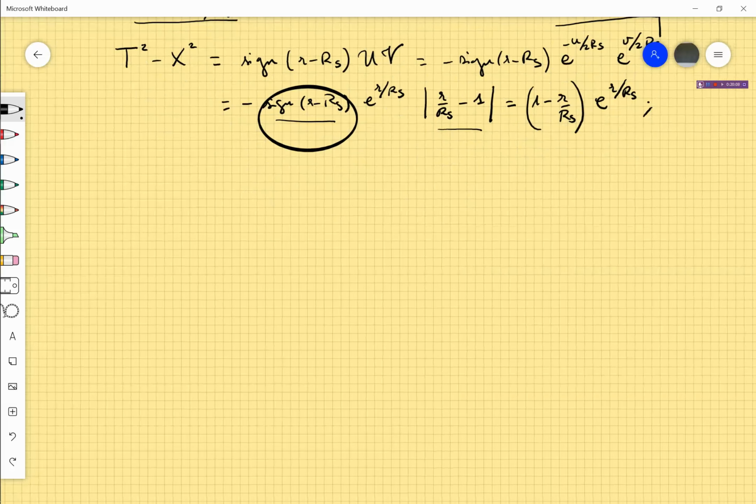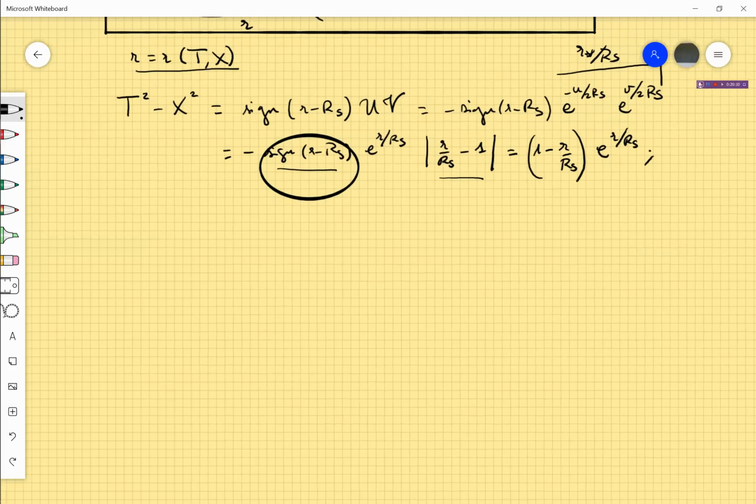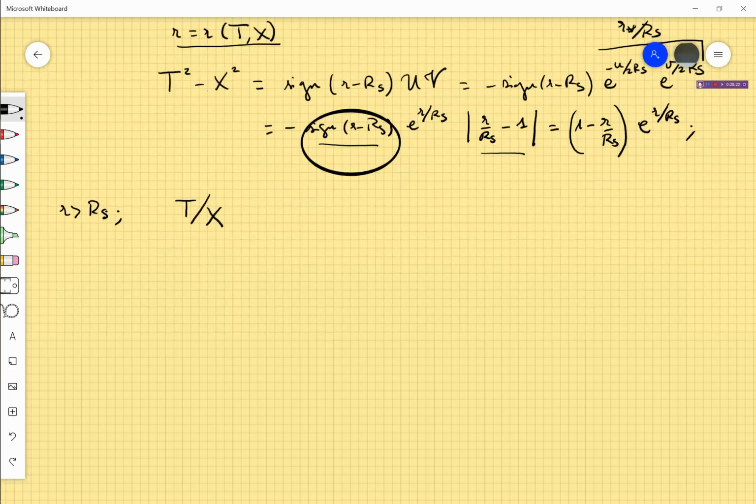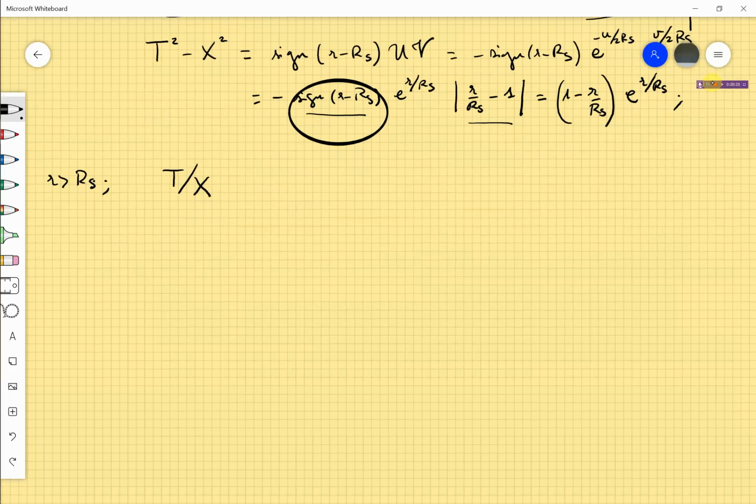And now you consider the quotient T divided by X. Let's do it first for r larger than rs. So T divided by X is just v plus u, and X is v minus u.